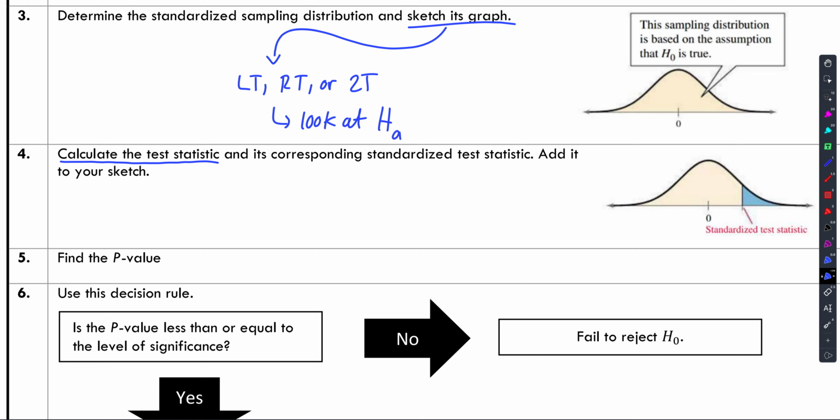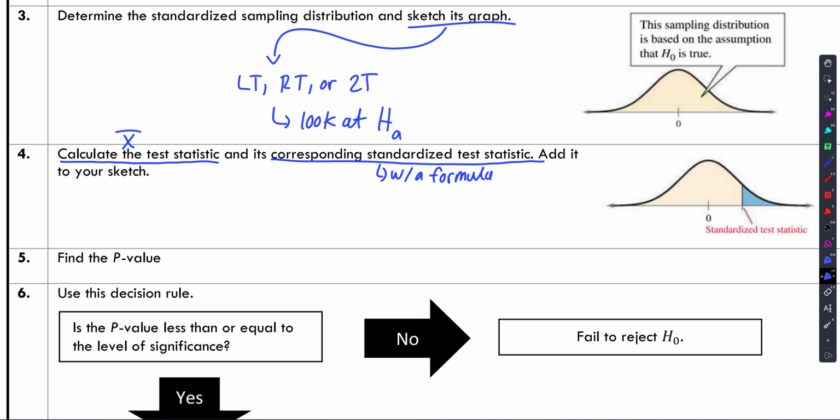But I think for my tests, I've actually just given you the sample mean. So x bar is going to be the test statistic for our hypothesis test. But you will have to calculate the standardized test statistic with a formula.